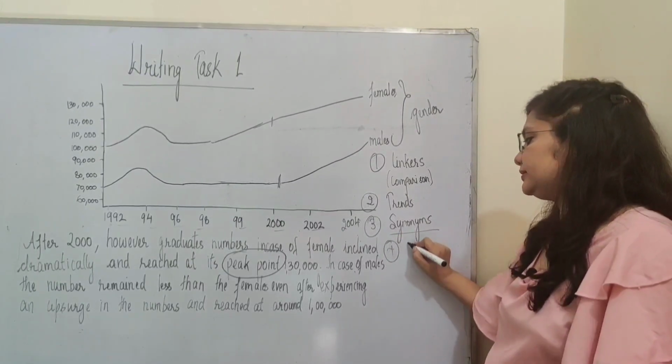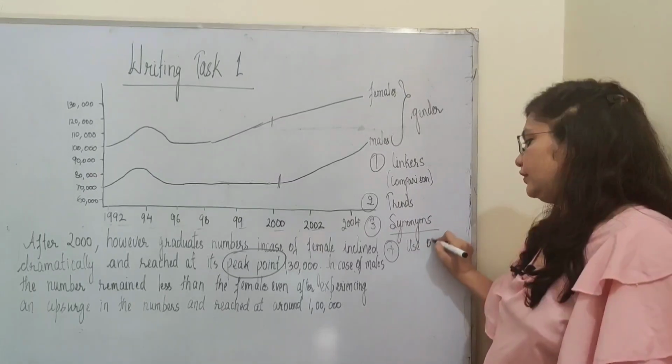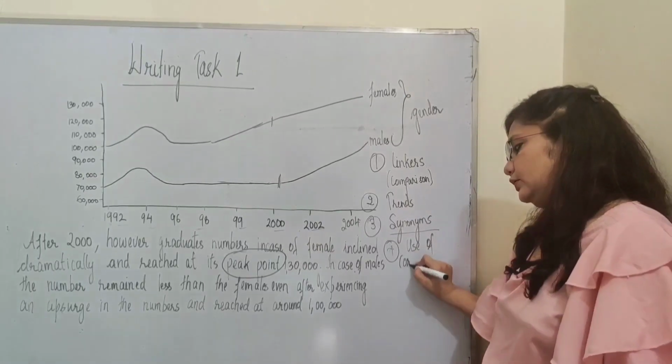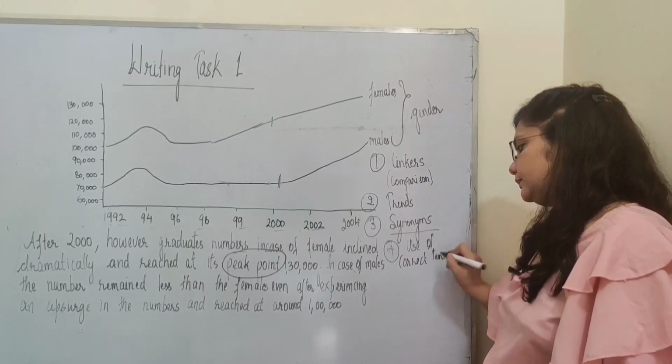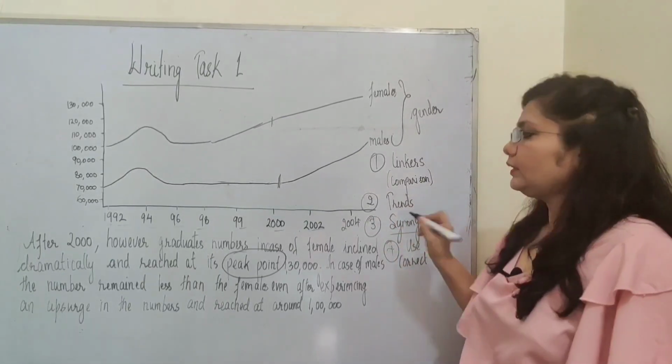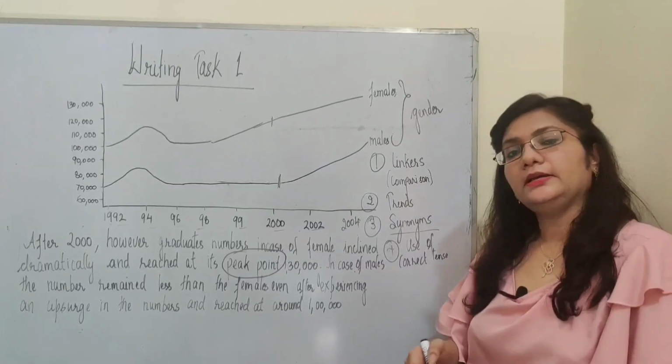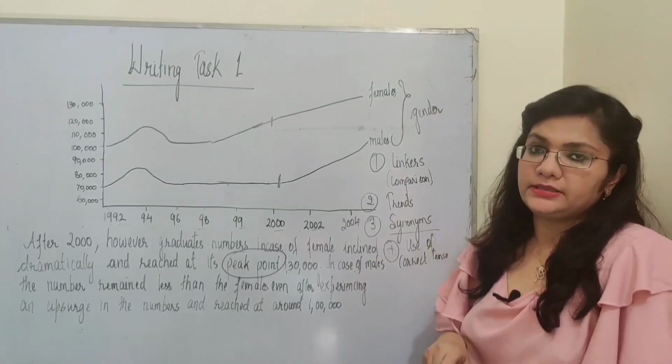Last but not the least, use of correct tense. You should know in which tense you need to present your ideas. It should be in past tense, or present, or future.